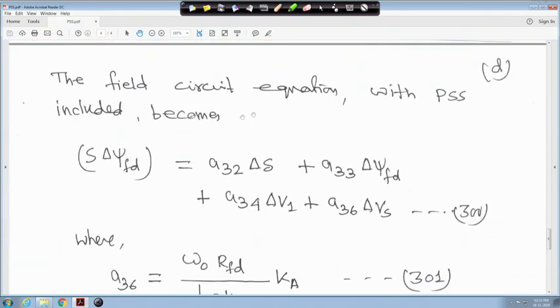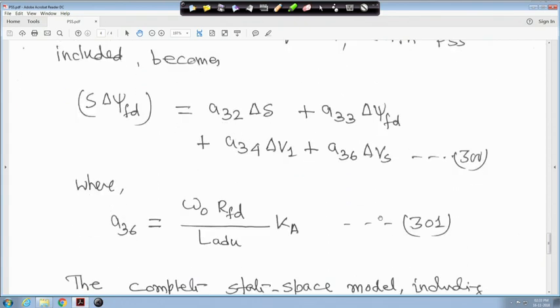Now the field circuit equation with PSS becomes s delta psi FD is equal to A32 delta delta plus A33 delta psi FD plus A34 delta V1 plus A36 delta Vs, right.